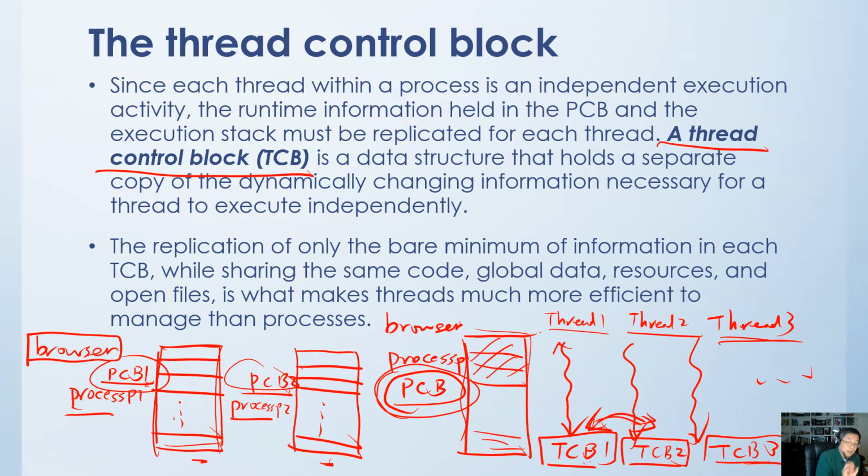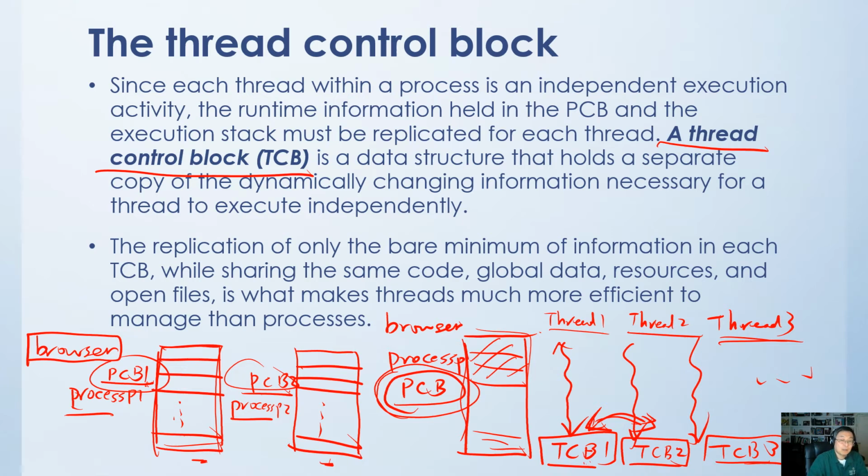So the context switching is going to be very quick, because you only save a small data structure and load a small data structure. From this perspective, a thread works like a process, because it has its own path of control.